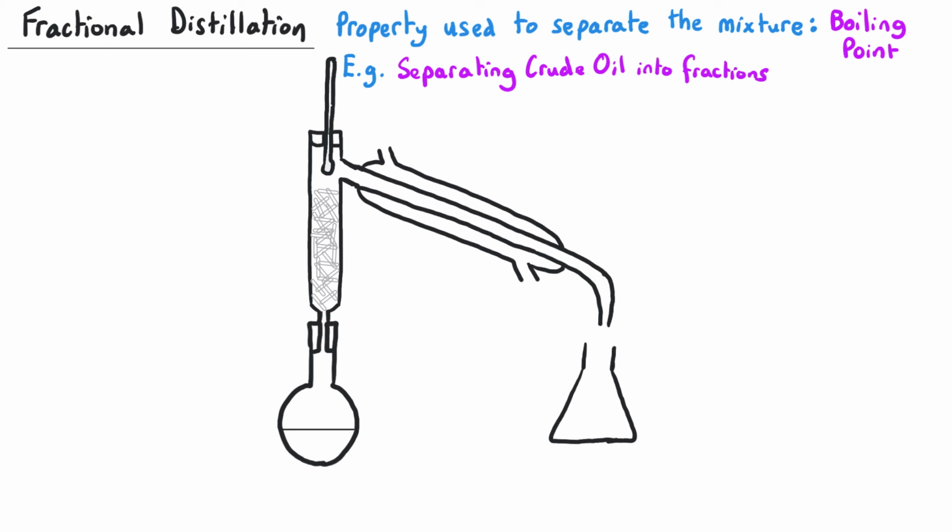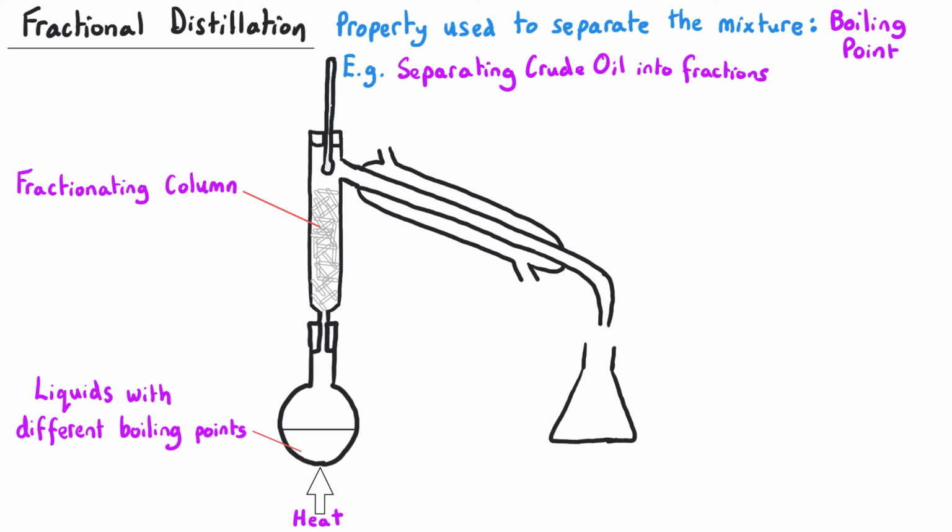Fractional distillation is very similar to simple distillation in that the mixture that we are separating is of liquids, and these liquids have got different boiling points. The apparatus differs slightly, and the main difference is that we have an additional piece of glassware called a fractionating column just above the flask where we've heated our liquid.